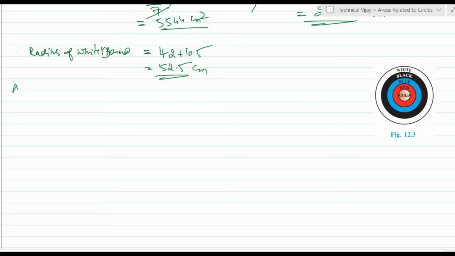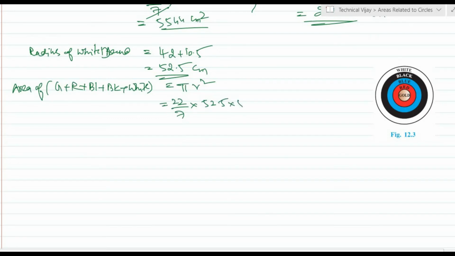So now the area of gold plus red plus blue plus black plus white is equal to pi r square, that is pi r square, here pi 22/7 into 52.5 into 52.5. So this is equal to 8662.5.